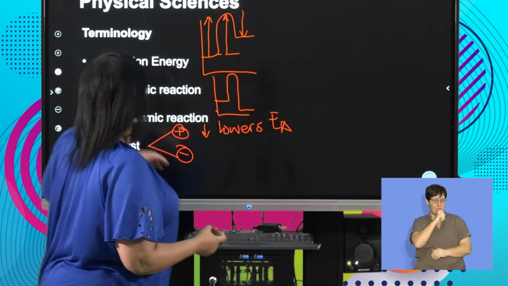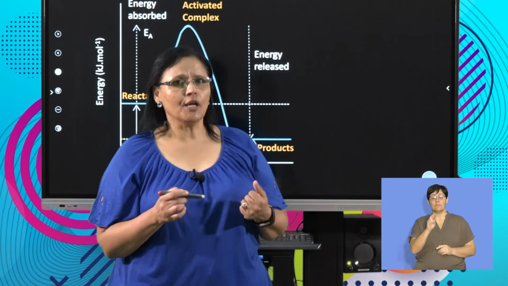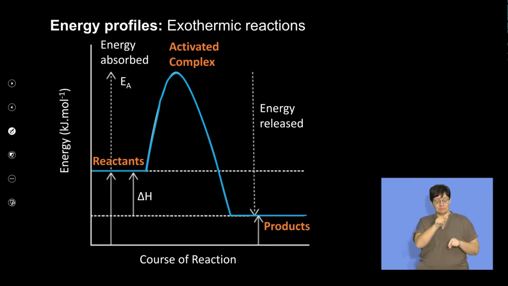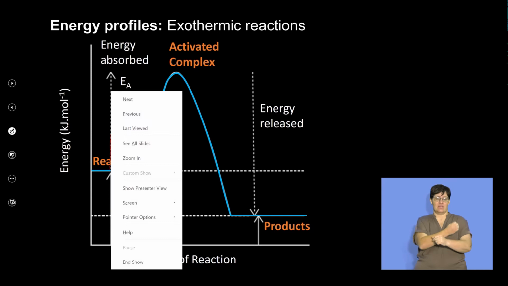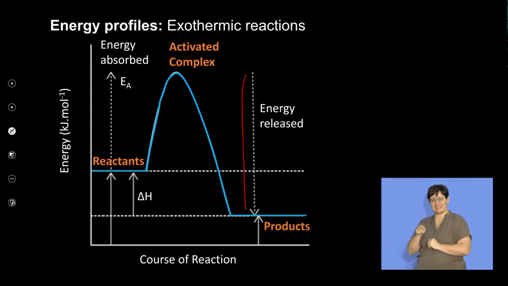When we look at the energy profiles, the first one that we have here is our exothermic reaction. And I want to remind you that your exothermic reaction, as per earlier studies, is the reaction where your reactants absorb energy, and the energy that's absorbed is normally less than the energy that is released.